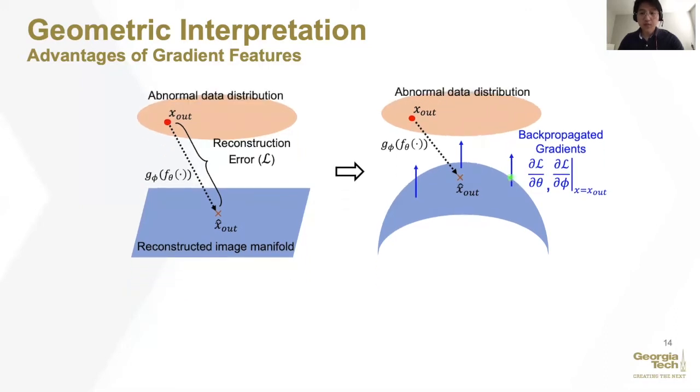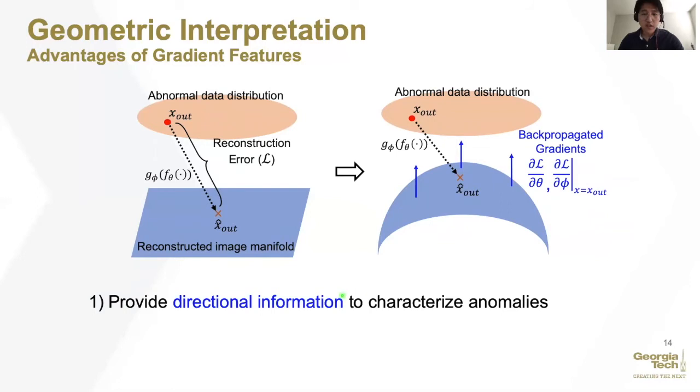This geometric perspective highlights several advantages of gradient features for novelty detection. First, the gradient features provide directional information to characterize anomalies. Compared to the reconstruction error, which measures the distance information, the gradient captures in which direction the novel data distribution deviates from the normal data representations.